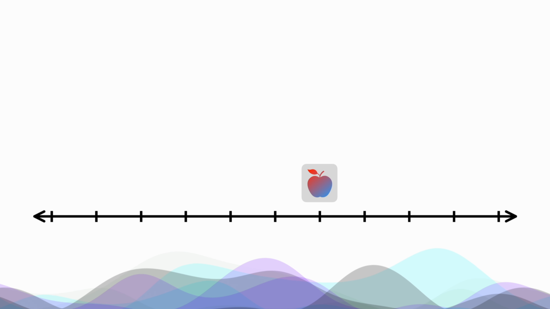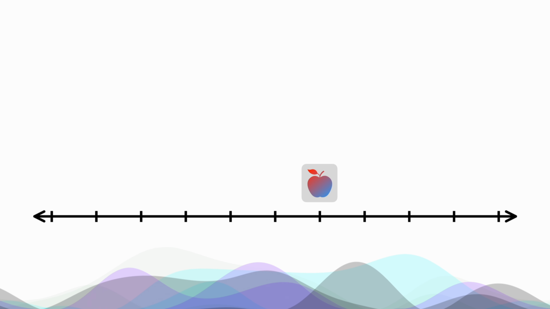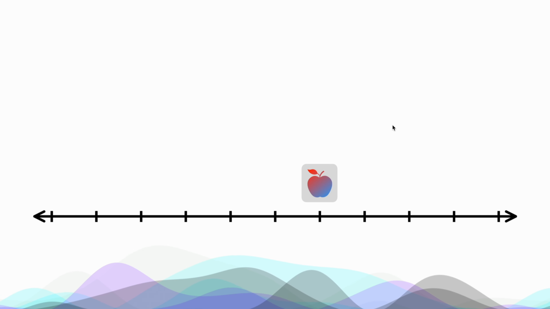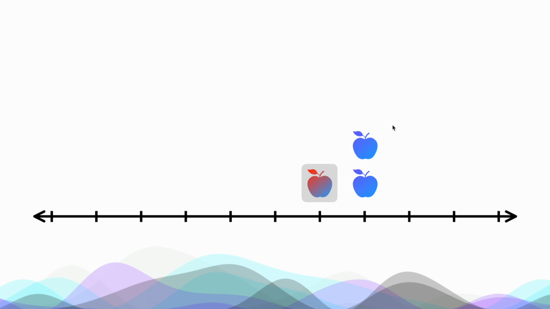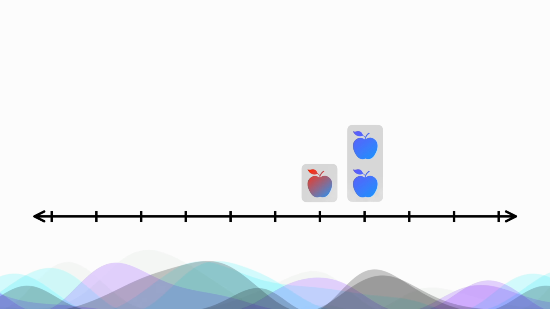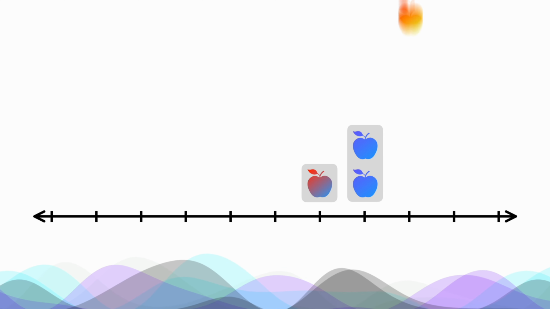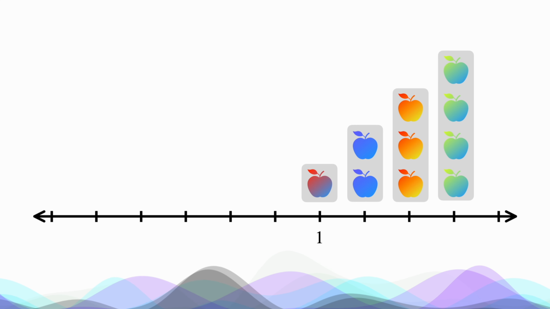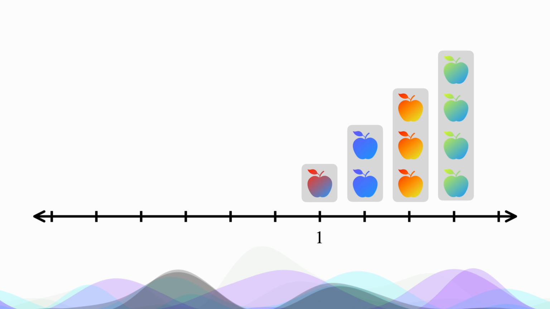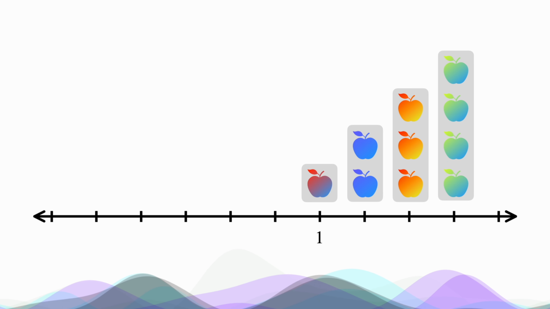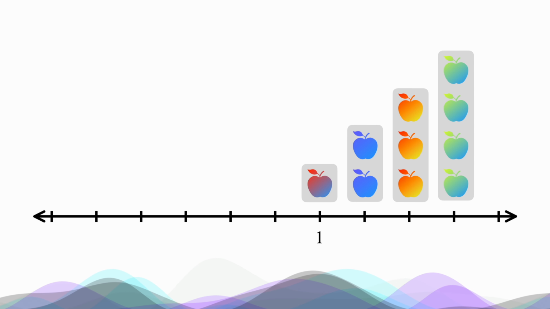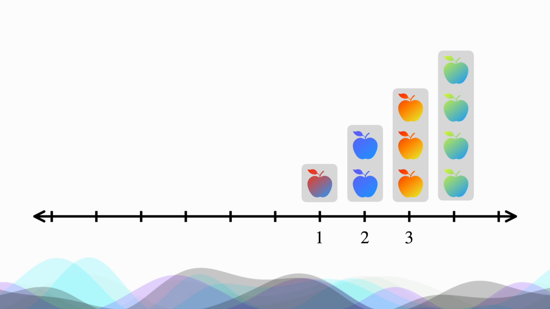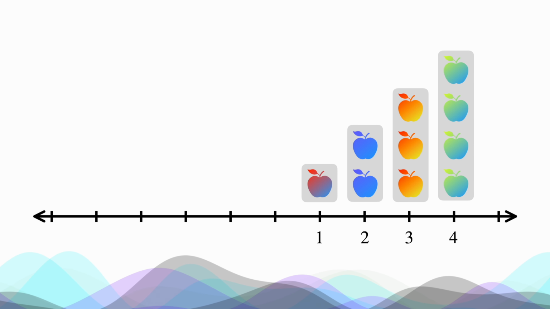In a second bucket we have two apples. Similarly, we have three apples in a different basket, and four apples in another basket. So as an image we can try to represent all these above a number line, and we all know by symbols we represent them by 1, 2, 3, 4.